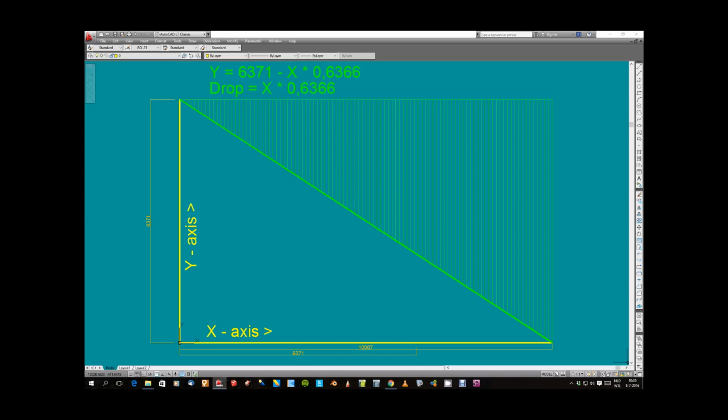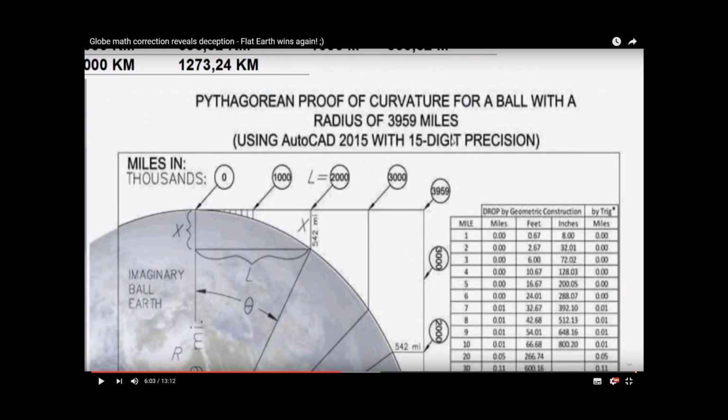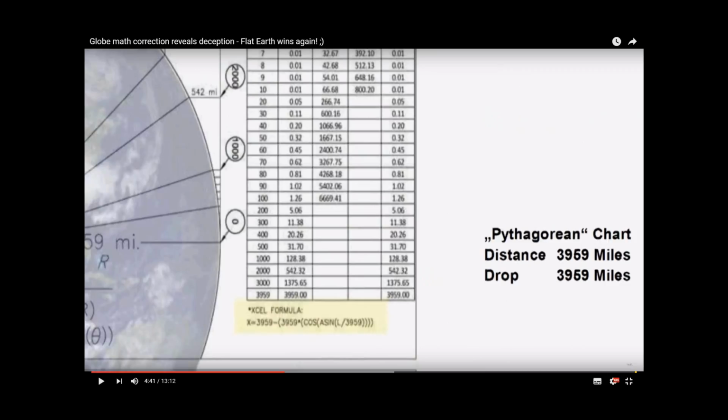And then he shows the work of someone who has gone through the trouble of drawing the drop of curvature in AutoCAD. There the drop over 6,371 kilometers, the radius of the world, comes out at 6,371 kilometers. He doesn't understand that.